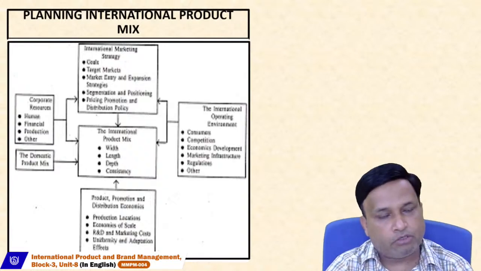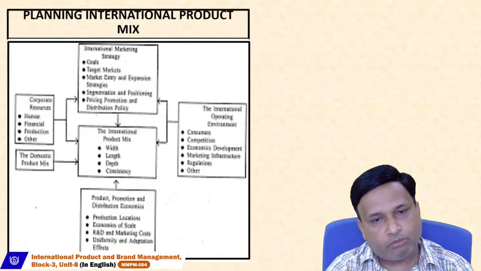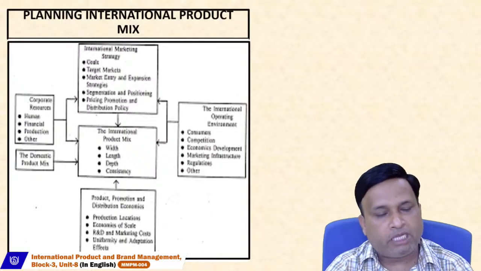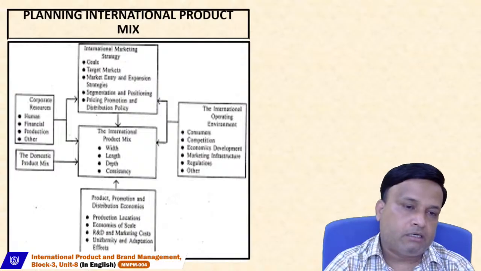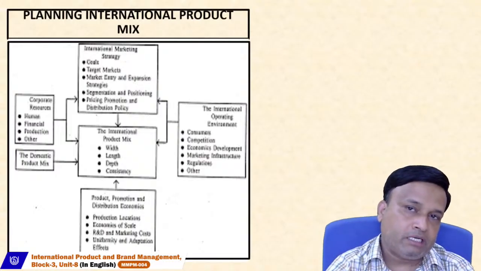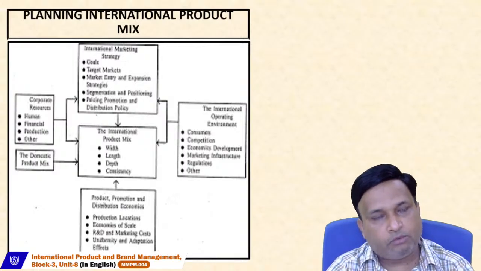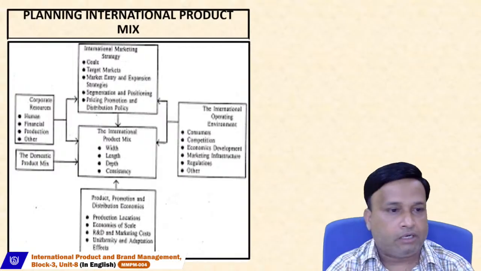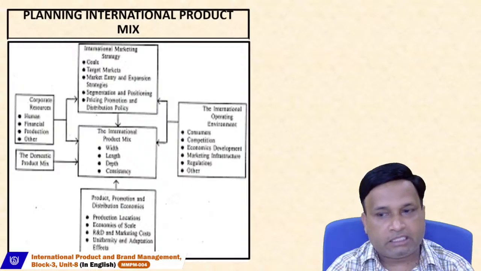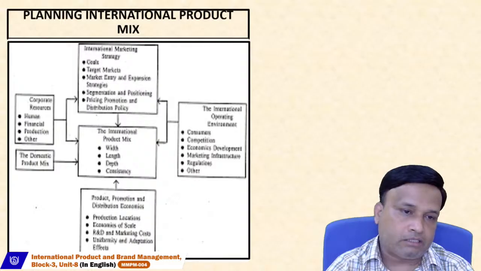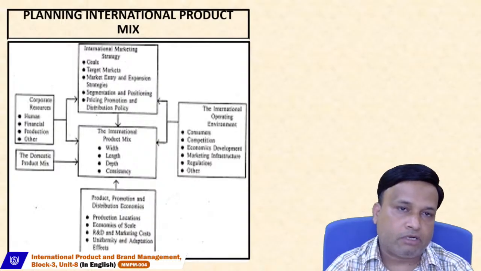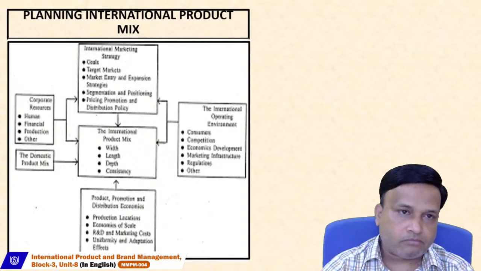Product mix is all about the number of products you are offering to the market, which has to be acceptable to the local markets. But before that, you have to understand how corporate level strategy is changing, how international marketing strategies are changing, and the different aspects. That all comes under the product mix.